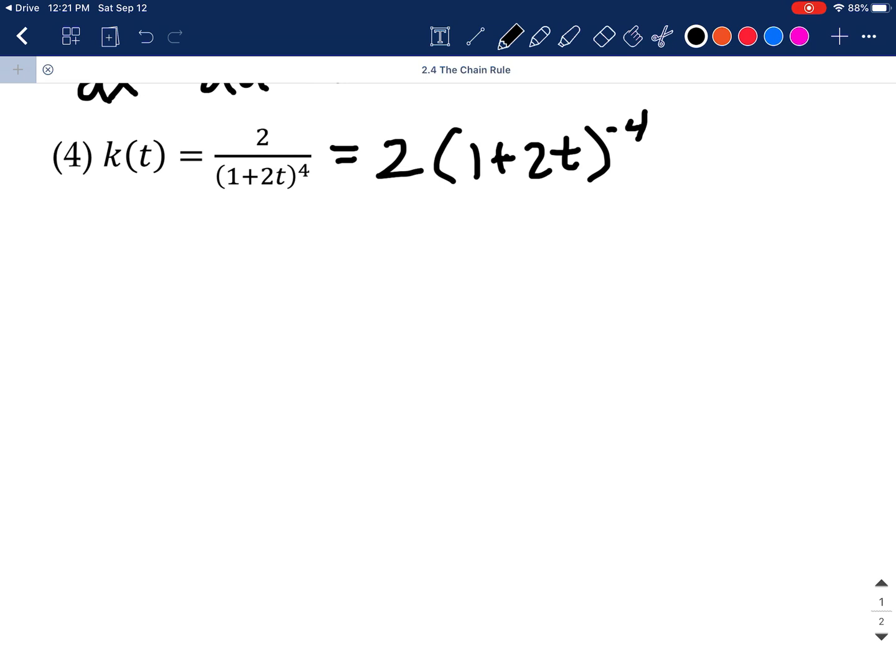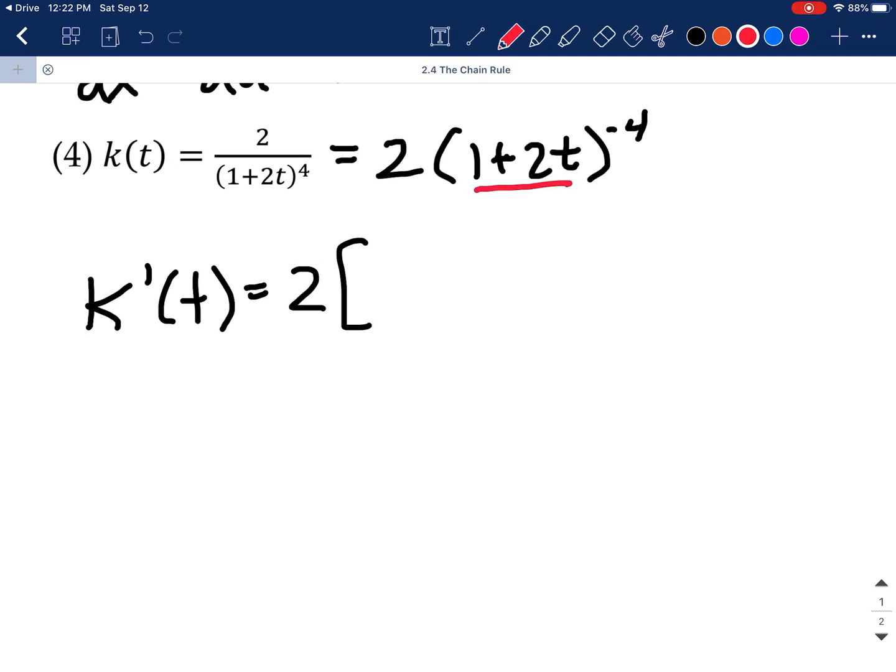And then now I can just apply the power rule when I'm taking my derivative. I know the 2 doesn't matter, so it's just a coefficient, so I can leave that on the outside. So if I'm taking k prime of t, that's going to be 2 times, and then now I can apply my chain rule to the expression that I have. So my inside function is 1 plus 2t.